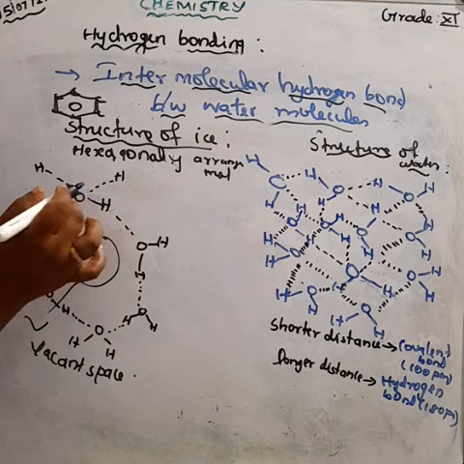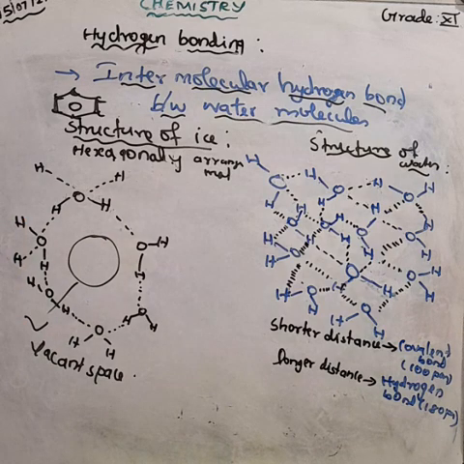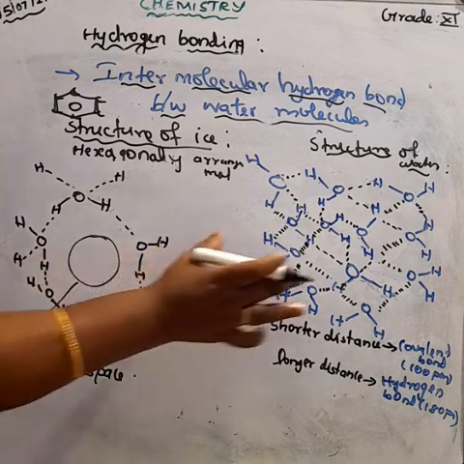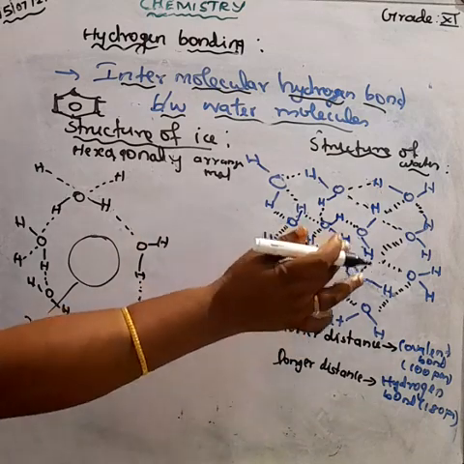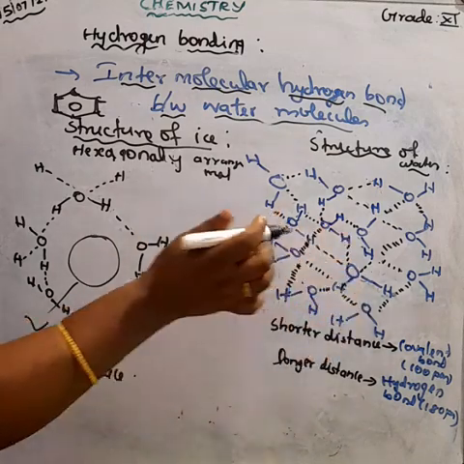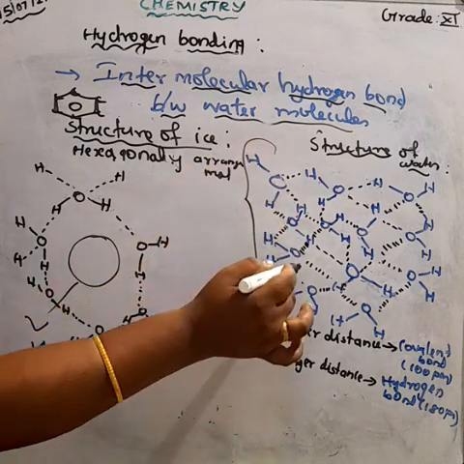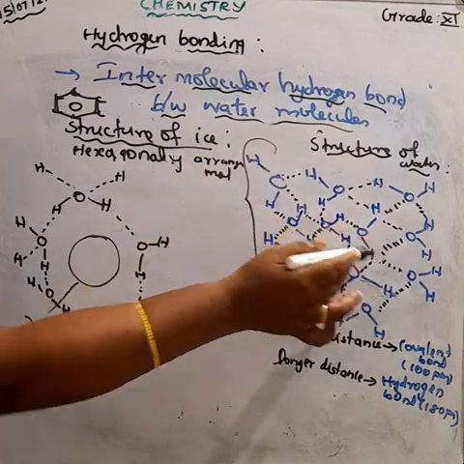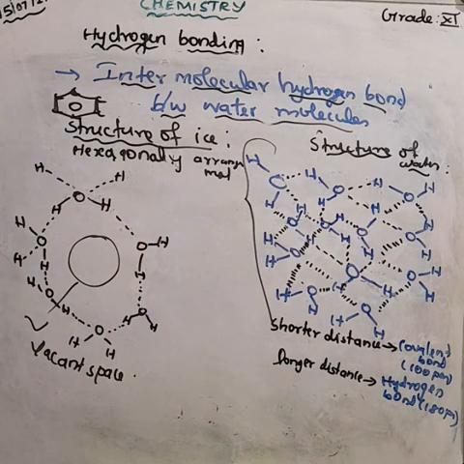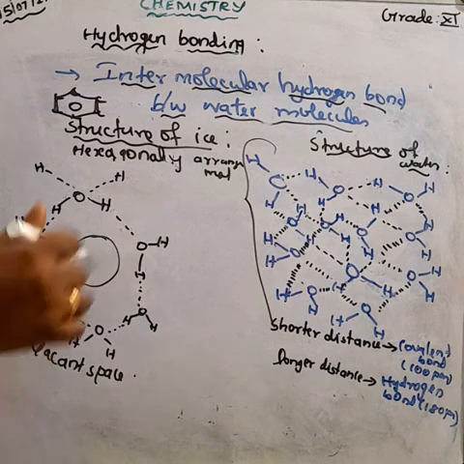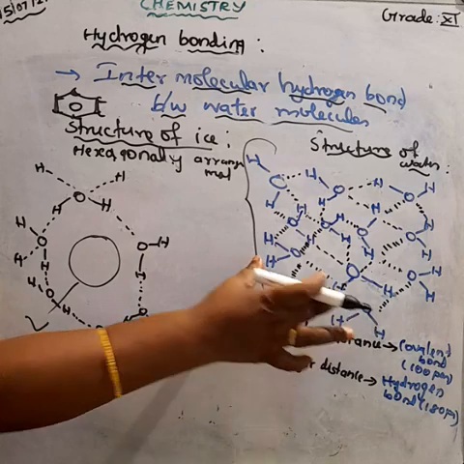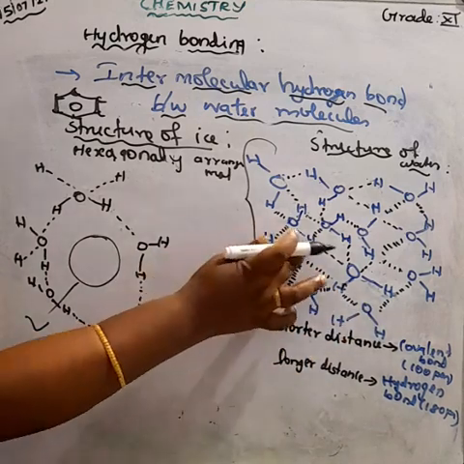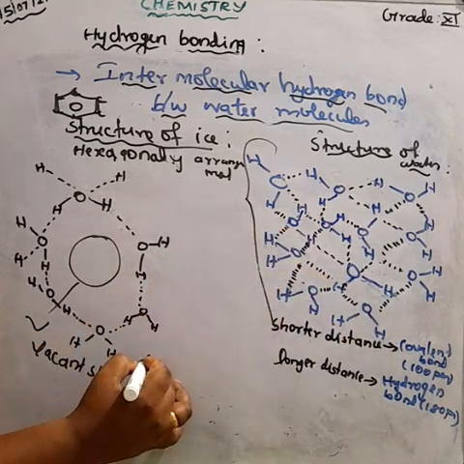Okay, while in liquid water, the hydrogen bond acquires a long range in the water molecule. The hydrogen bond is stronger than in ice. When comparing the structure of ice and the water in liquid state, the hydrogen bond is strong, and it cannot easily dissociate.